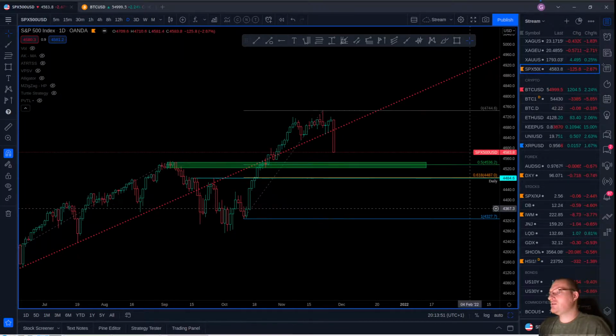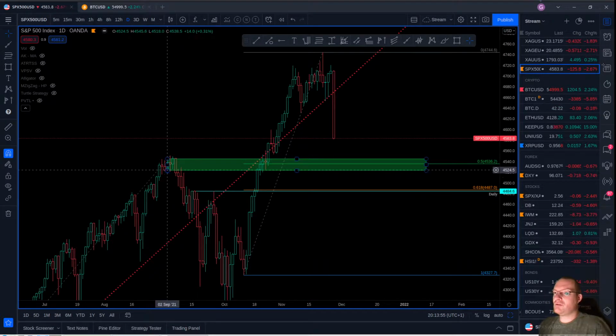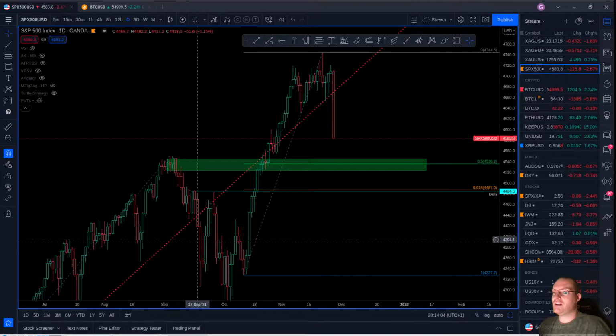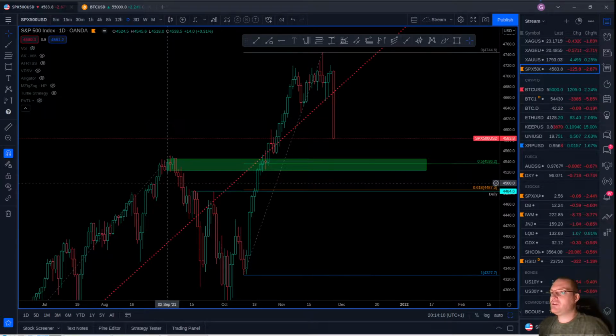So you can draw an order block, for example. An order block is the last green candle before a significant drop to the downside, in a bullish situation. So this would be the green candle from the 2nd of September. You would expect price to come back into the range of that candle.